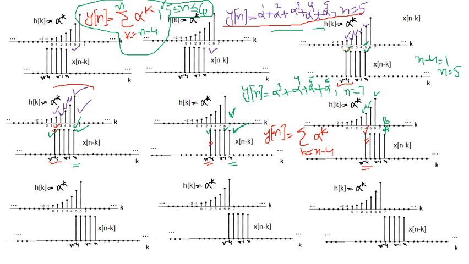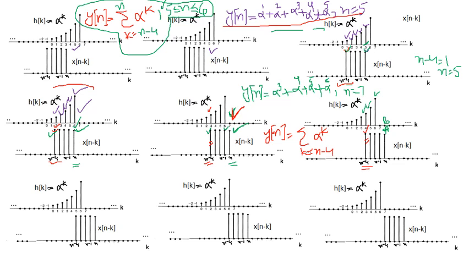So the upper limit is 6, because if we have the lower limit around 3, it is at 6, because you cannot move beyond 6. Why? Because beyond 6 this signal is 0, so the product will result in 0.